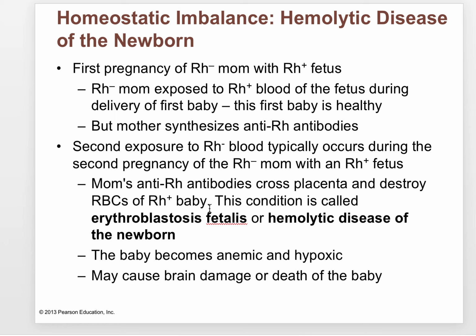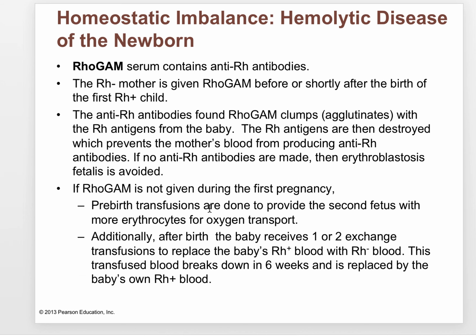So how is this avoided, or how is this treated? There's a serum called RhoGAM. RhoGAM is a serum that contains anti-RH antibodies. If you have the RH negative mother and she has an RH positive child, shortly before or after birth of the child, she's given this RhoGAM, which is full of anti-RH antibodies.